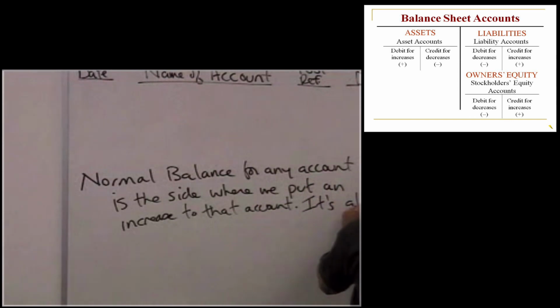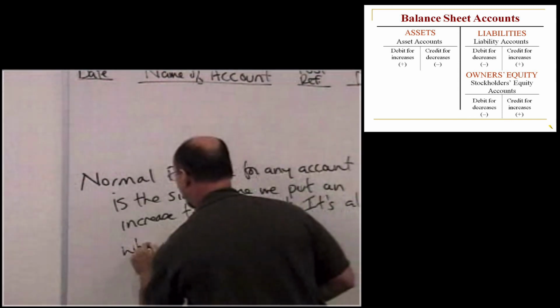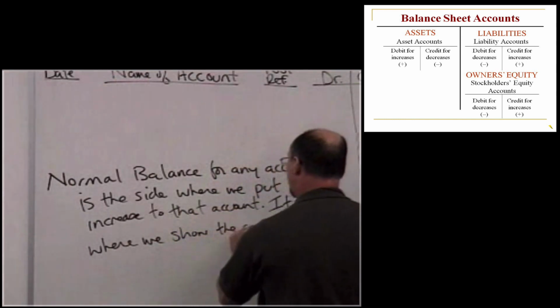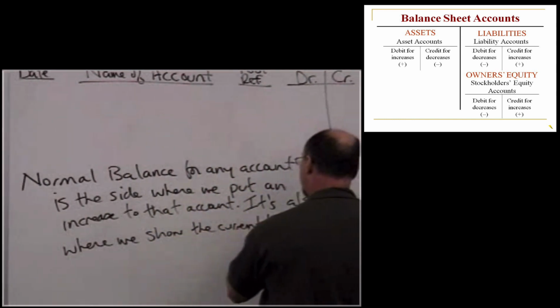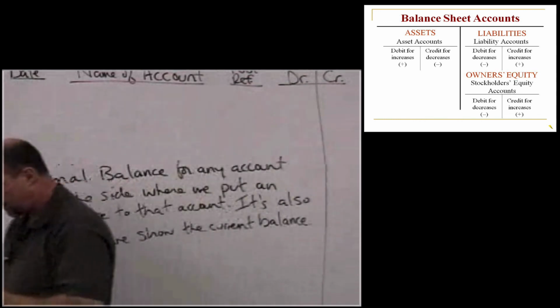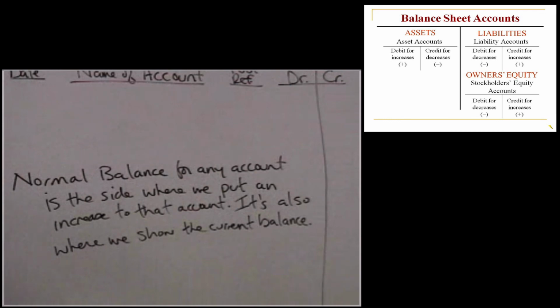It's also where we show the current balance. Okay? The normal balance for any account is the side, could be debit or credit, where we show an increase in value to that account. And it's also where we show whatever the current balance is after any given transaction.